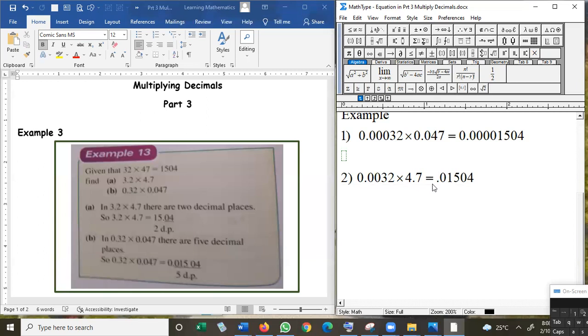Then you put the decimal point, and then you put your 0. Okay, so practice this. Very important.